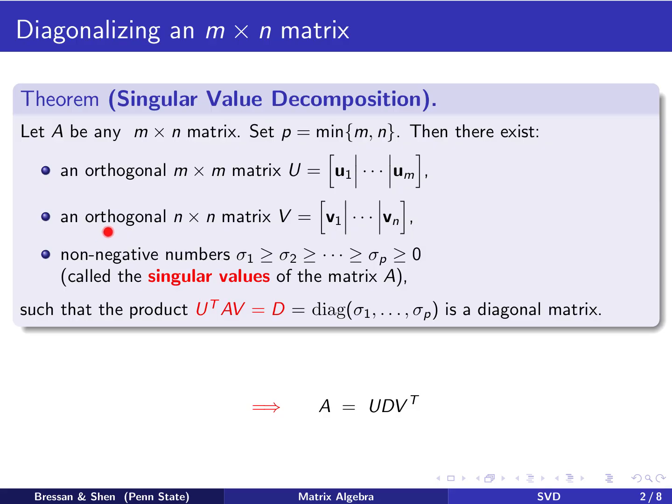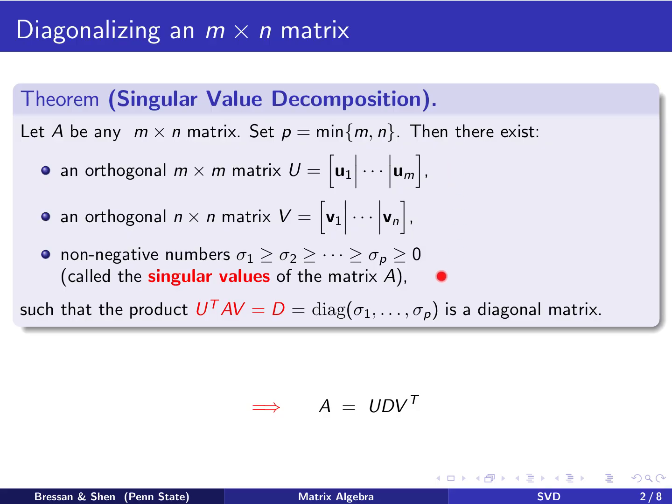Second, an orthogonal matrix capital V consisting of V1, V2, to Vn. And third, non-negative numbers sigma 1, sigma 2 to sigma p, sorted from the largest to the smallest. They are all non-negative. These are the singular values of the matrix A.